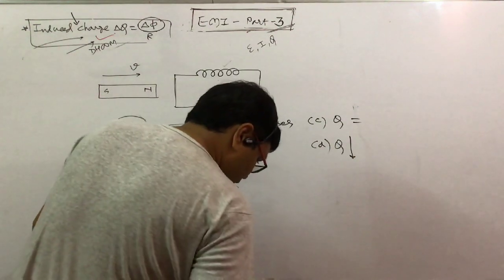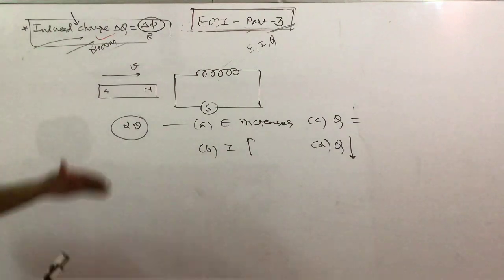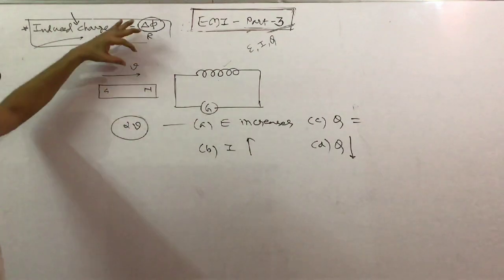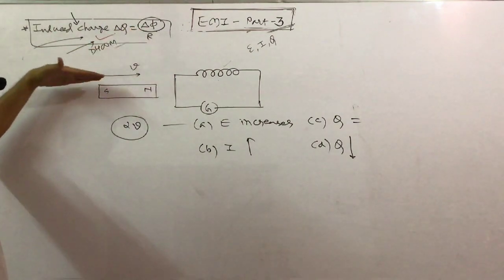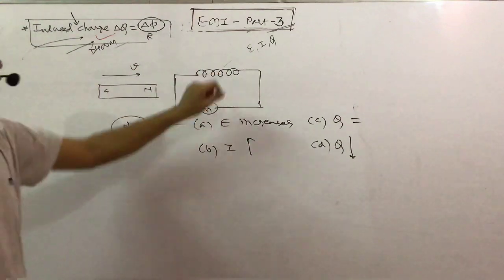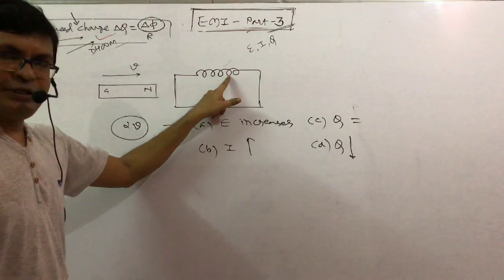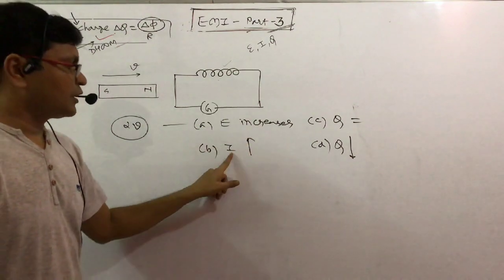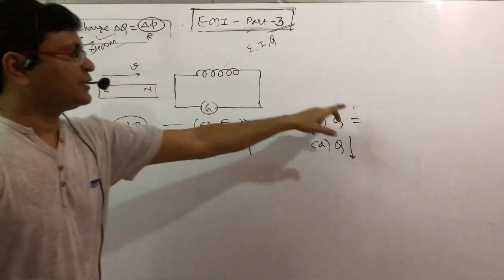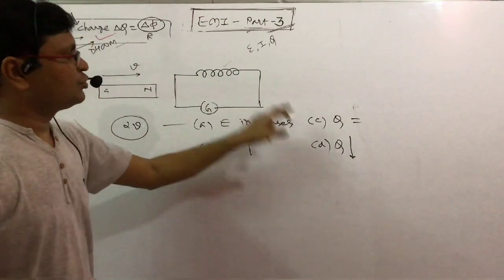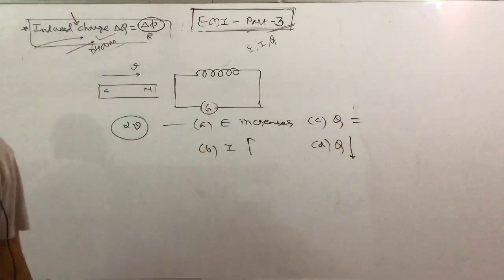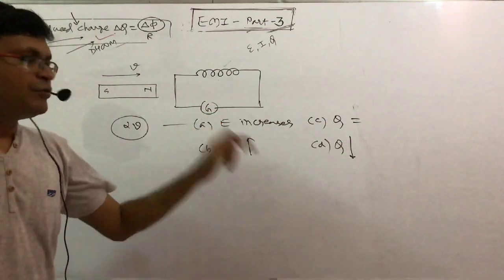You can see four options given. If this bar magnet is moving with speed v, but instead of v it now moves with speed 2v towards this coil, then what happens with this coil? Induced EMF increases, induced current increases, induced charge remains constant, or induced charge decreases. Think about it, take your time, pause the video.